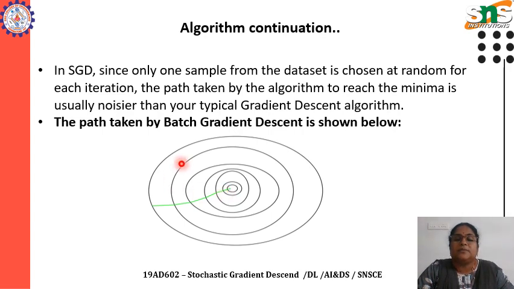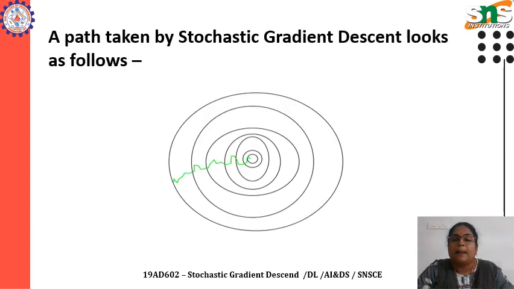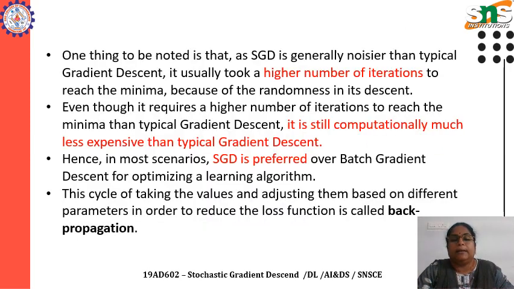Here is a picture representing a path starting from the outer orbit and reaching towards the center. The path taken by batch gradient descent goes from the outer layer and reaches the inner layer directly. The path taken by stochastic gradient descent is not like the previous diagram; it is a zigzag path, and it reaches the inner layer.